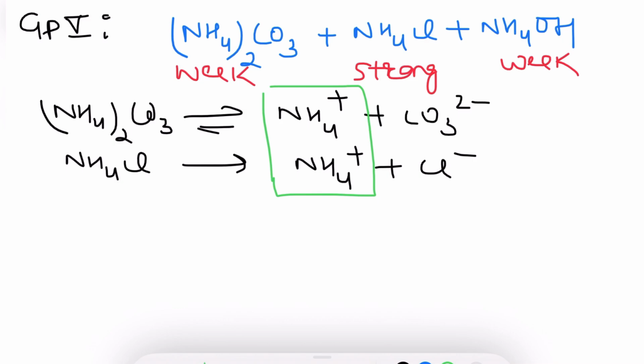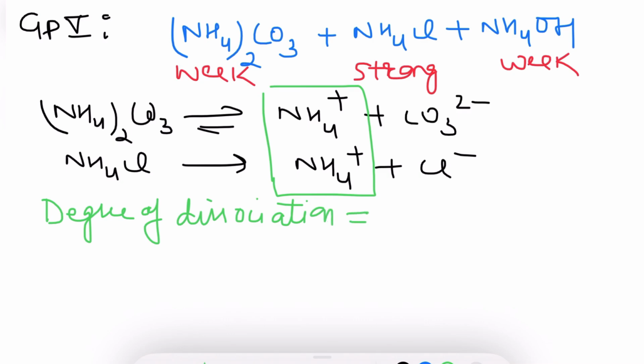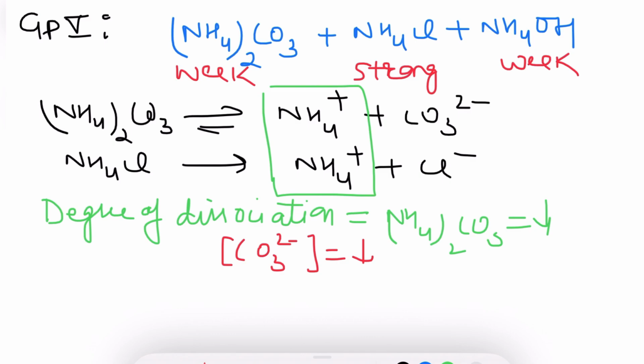So because of the increase in concentration of product, according to Le Chatelier's principle, the reaction shifts in the backward direction. This results in a decrease in the degree of dissociation of ammonium carbonate, and hence a decrease in concentration of carbonate ion here.